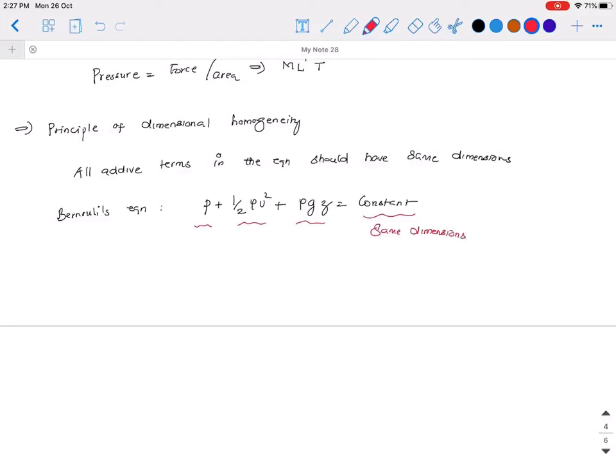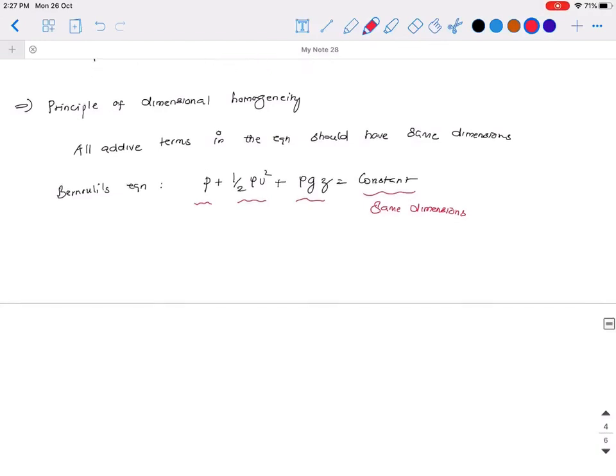You know this already. If you come across an equation, or you are doing an analysis and you get an equation that does not satisfy this dimensional homogeneity principle, that simply means your analysis is wrong. It is not possible to have an expression that does not satisfy dimensional homogeneity and expresses a physical relationship. It just says that we cannot add apples and oranges.